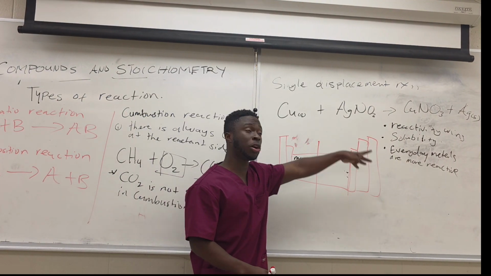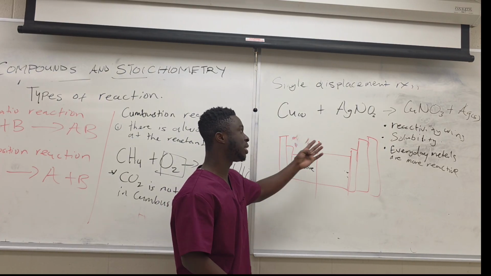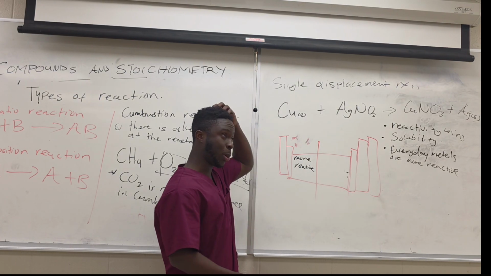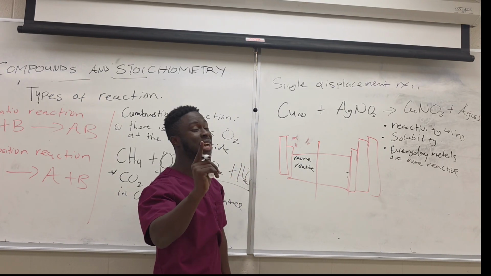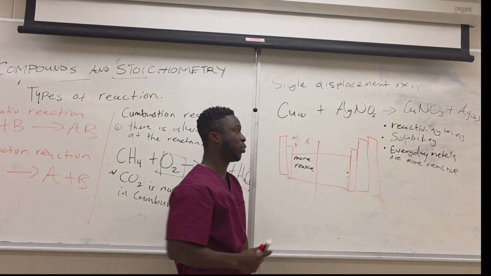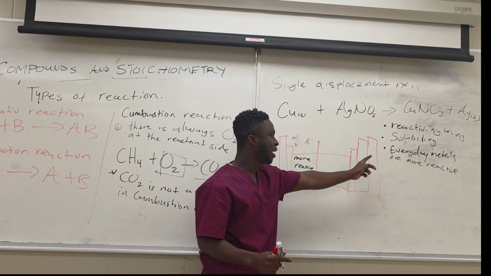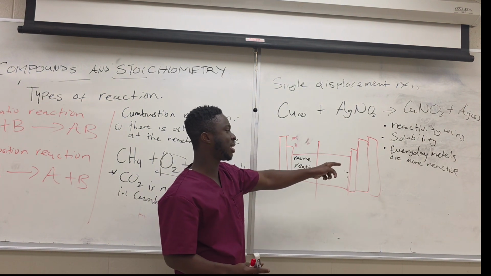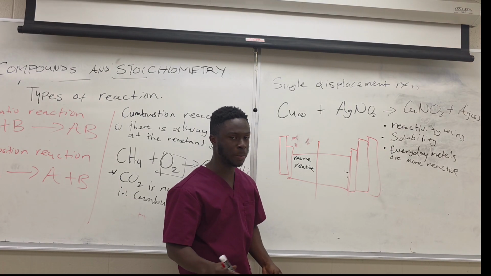These are some rules of thumb that I developed for myself when I was learning this, that if I see something like that and I do not know which is going to displace which, it will come in handy in the next type of reaction that we will talk about: everyday metals are more reactive than the ones that we barely come across.